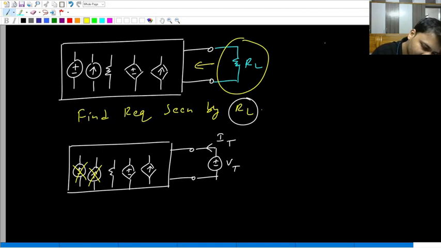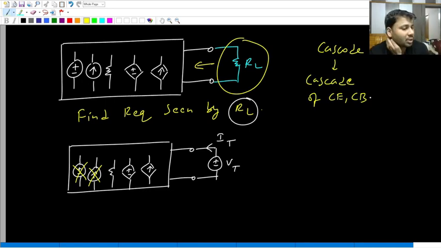Cascode is a special case of cascade where you cascade common emitter with common base. First stage is common emitter, second stage is common base. That combination is called as what?